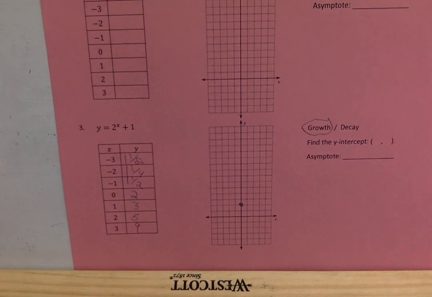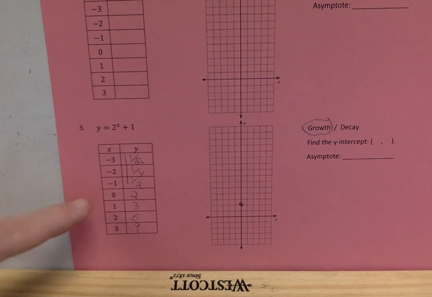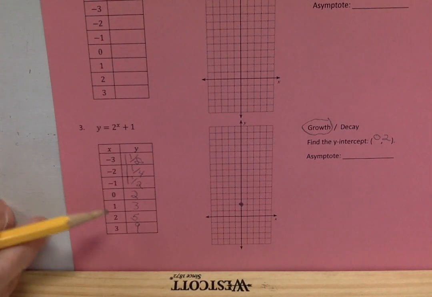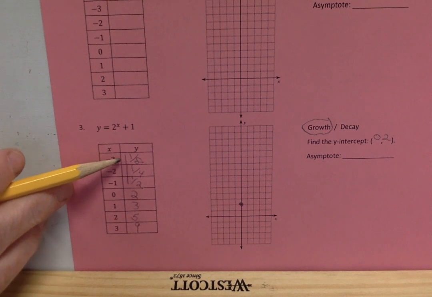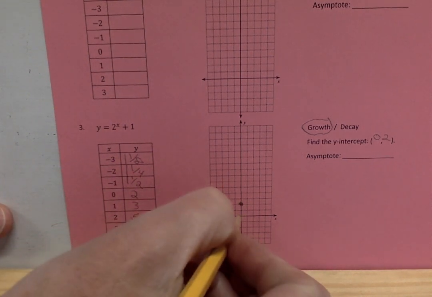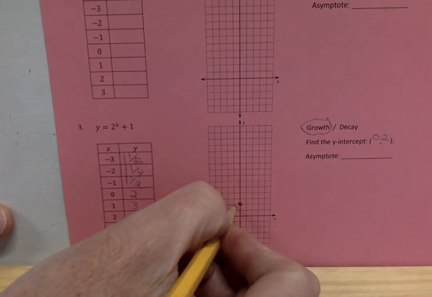Okay, now I'm going to plot these points over here. I can see the y-intercept is at 0, 2. And the asymptote, I can see this is getting closer and closer to 1 on the left side. So negative 1, 1 1/2.